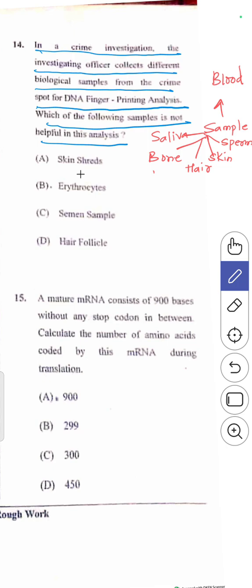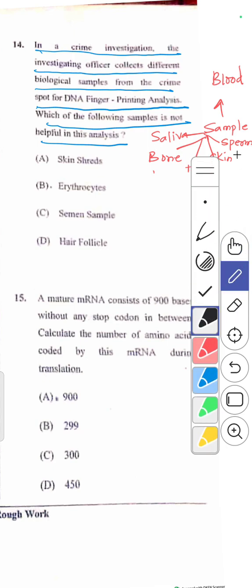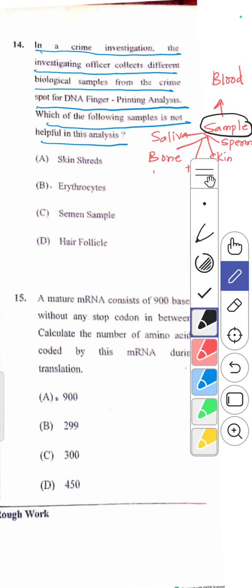So these are all the samples we can use here.